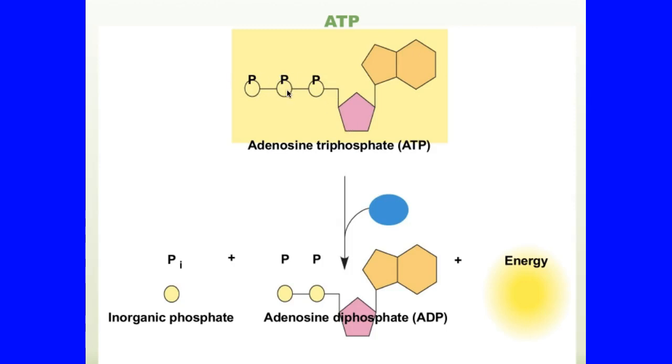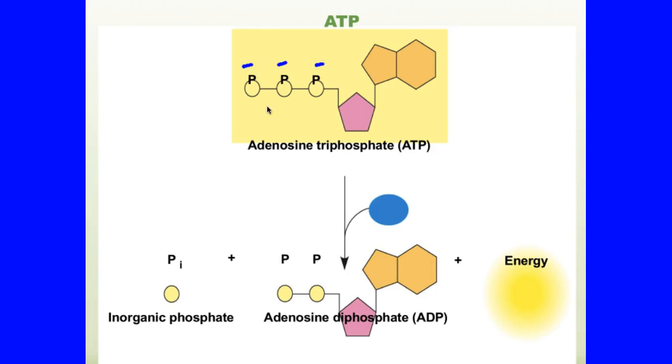So what happens is these three phosphate groups right here are negatively charged. Each of them is negatively charged. And as you all know, opposites attract. So since those three phosphate groups are all negatively charged, they are not attracted to each other.